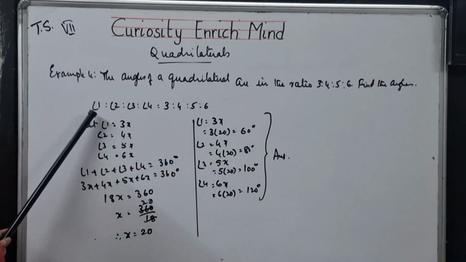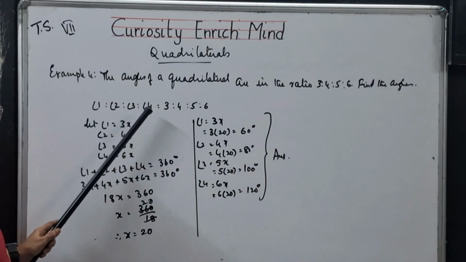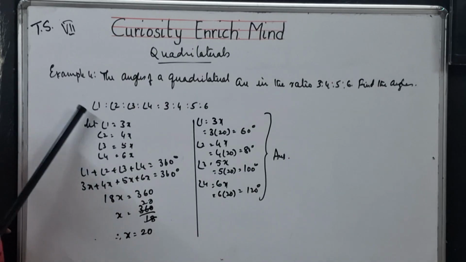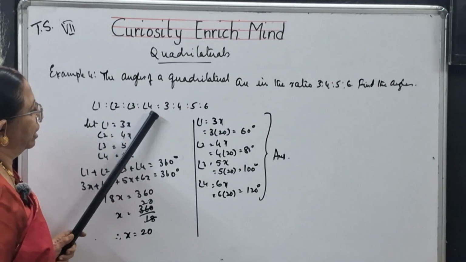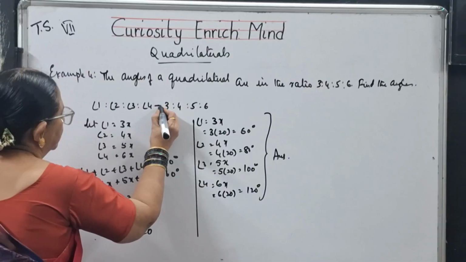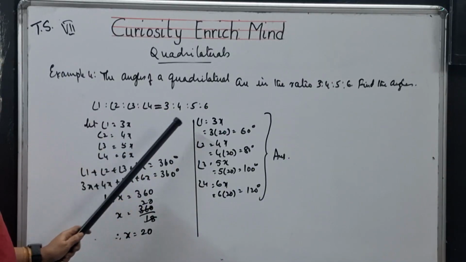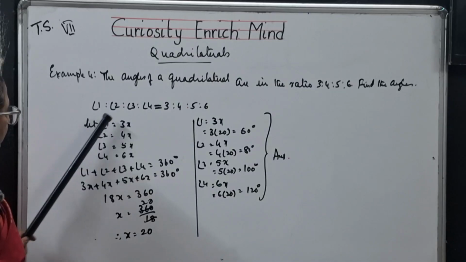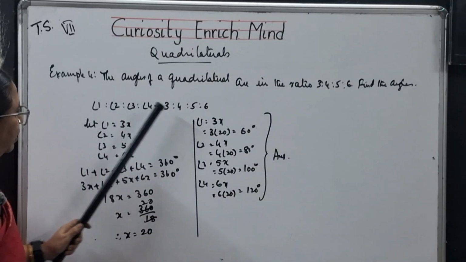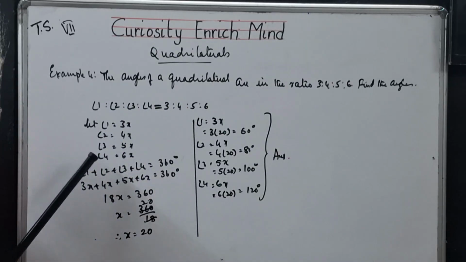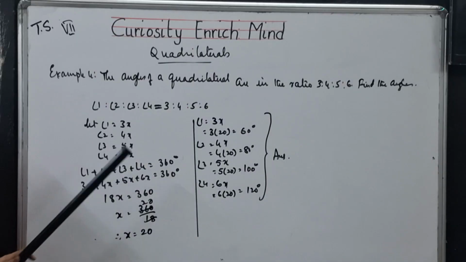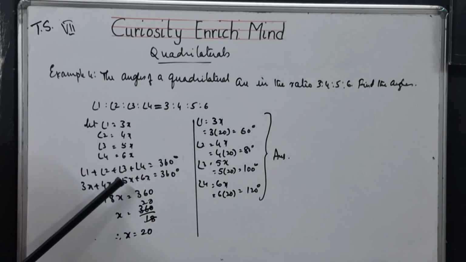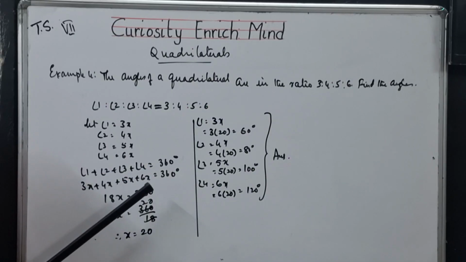So the ratio angle 1 is to angle 2 is to angle 3 is to angle 4 is equal to 3 is to 4 is to 5 is to 6. That means angle 1 is 3x, angle 2 is 4x, angle 3 is 5x, angle 4 is 6x. The sum of all the angles is 360. 3x plus 4x plus 5x plus 6x is 360.